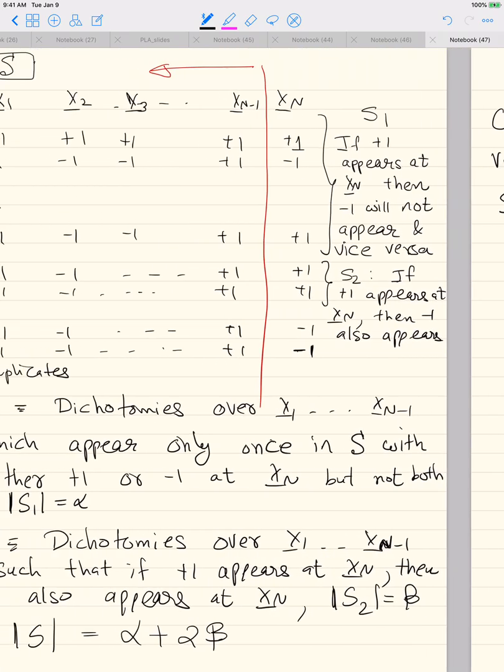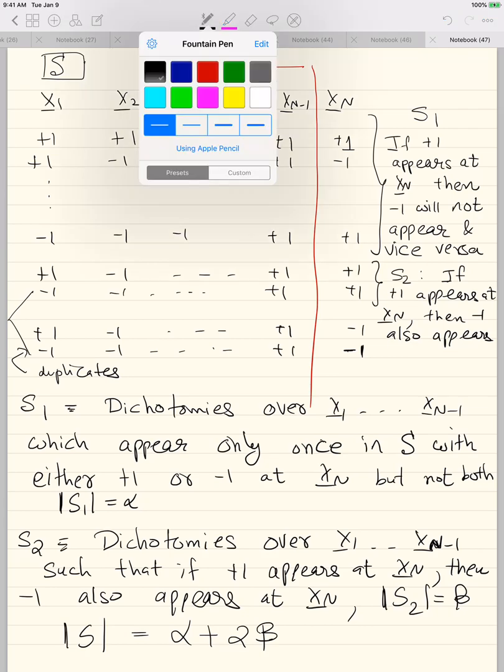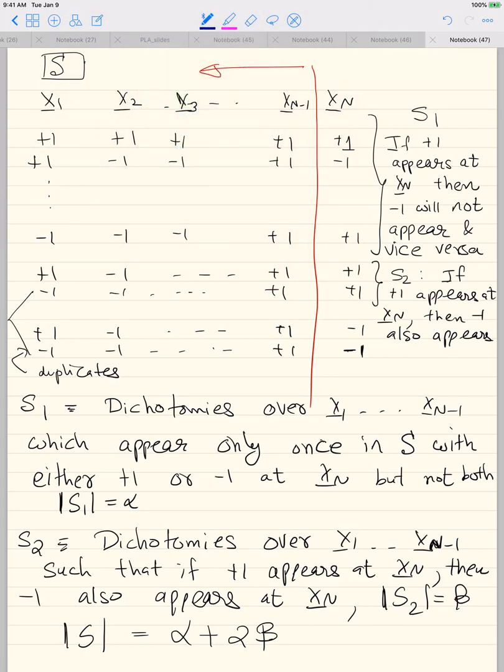So what we are doing in this table is, this is S1. This is the collection of dichotomy vectors here in S1, right? This is the collection of dichotomy vectors in S2. And then these are duplicated here when we enumerate S. So we are looking at this set here.